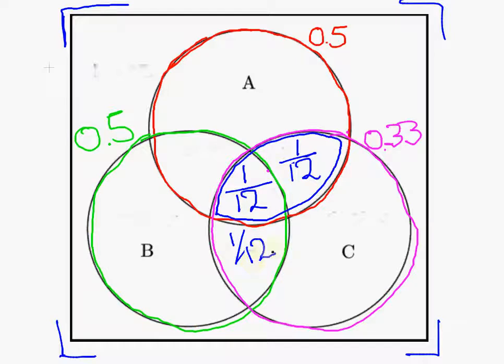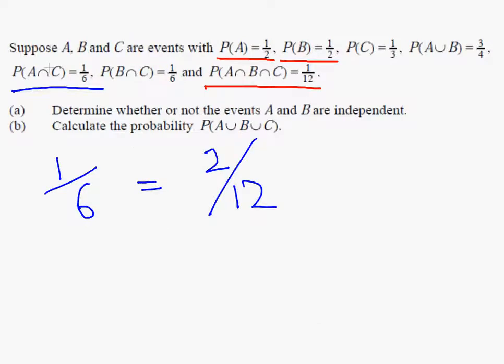Okay. Now, so far so good. What I'm going to try to do now is find out what this value is here. We're going to use the addition rule to find out what that is. So the addition rule is as follows.